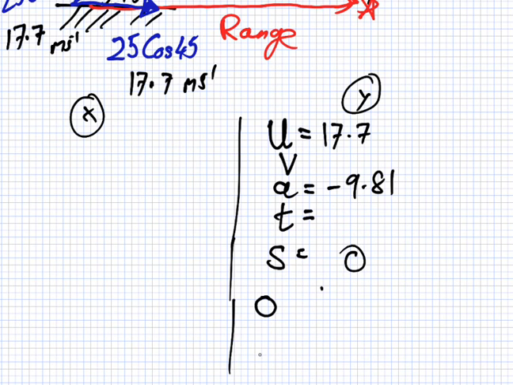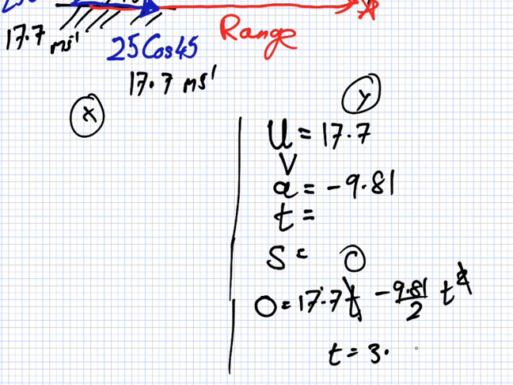S equals ut plus a half at squared. I can cancel the t's here, so I get the time is 3.61 seconds.